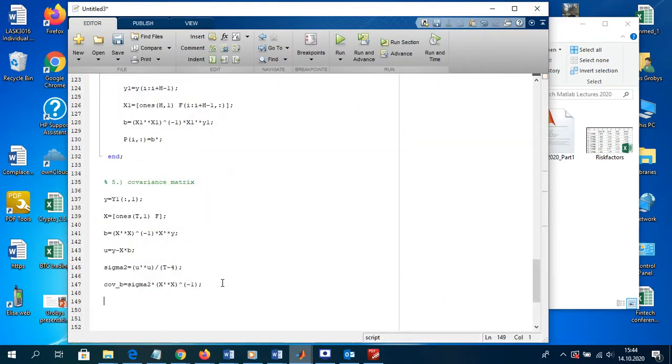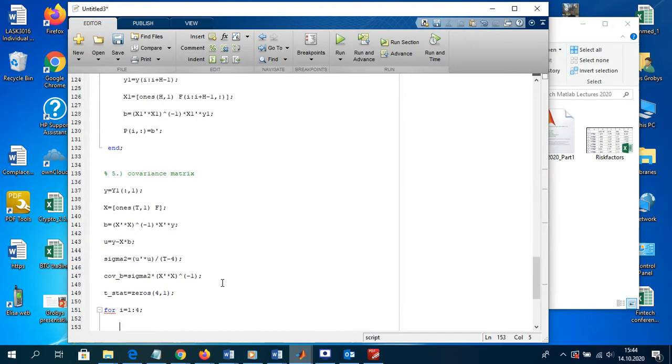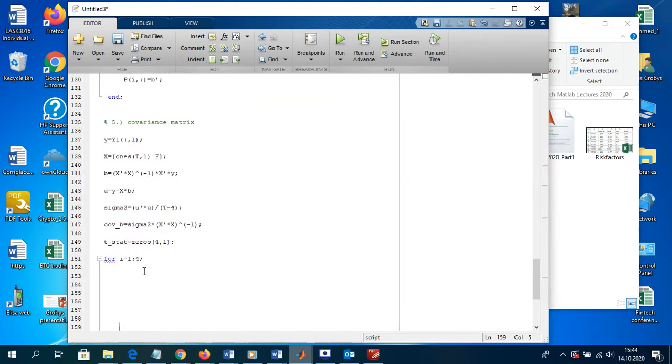We will implement this using a for loop. First, we have to create a vector that stores our estimated t-statistics. Let's denote it as t underscore stat is equal to zeros, and we have 4 t-statistics to store. So it's a 4 by 1 vector then. Now it comes to a for loop. For I from 1 until 4, do what?